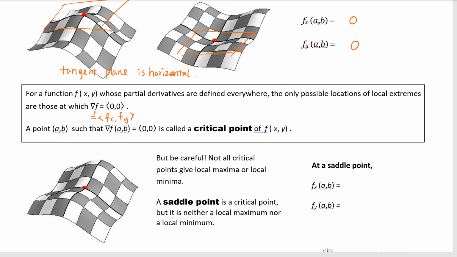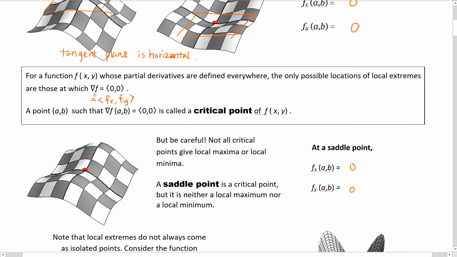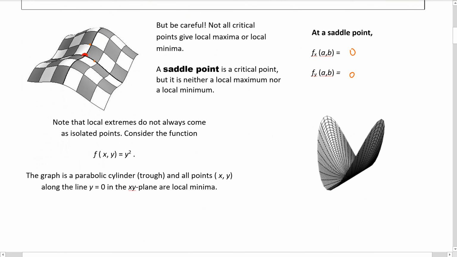You can see near this guy, there's some point that is above it, there's some point that is below it, right? But at the saddle points, both partial f partial x and partial f partial y are 0. And notice local extrema do not always come as isolated points.